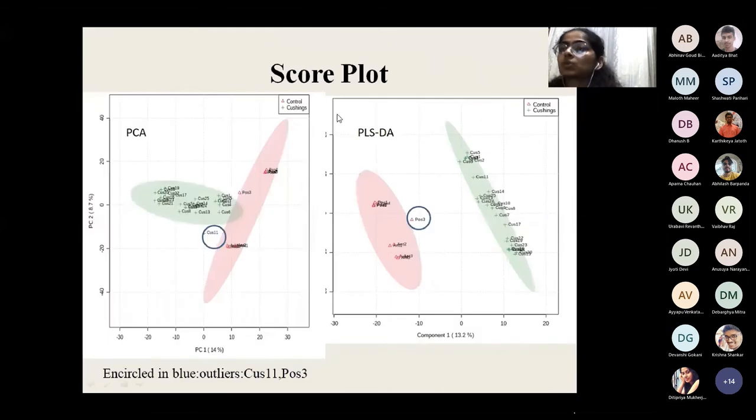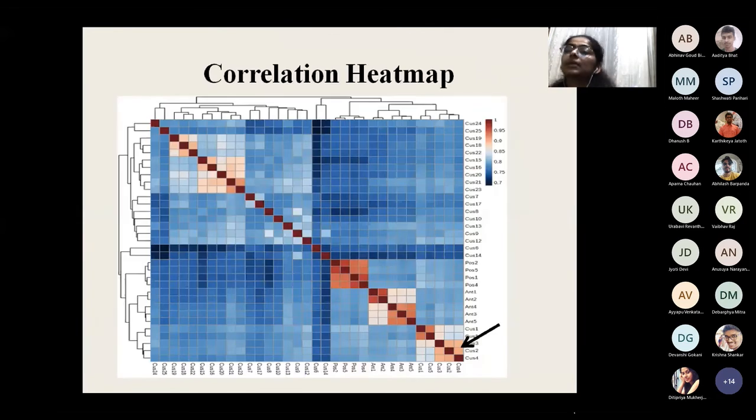Then I obtained score plots using PCA and PLS-DA. I could observe outliers, and after removing them, I normalized my data again, and I then obtained the correlation heat map.